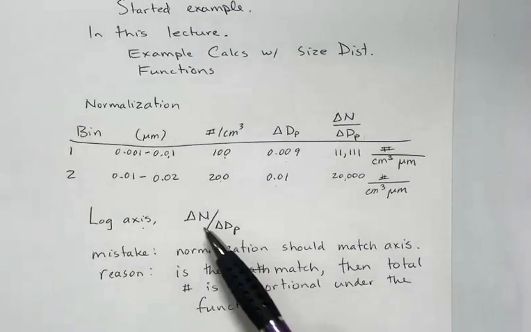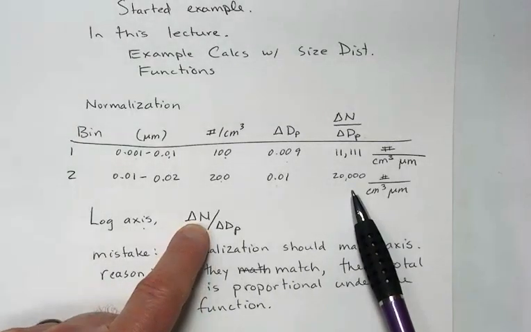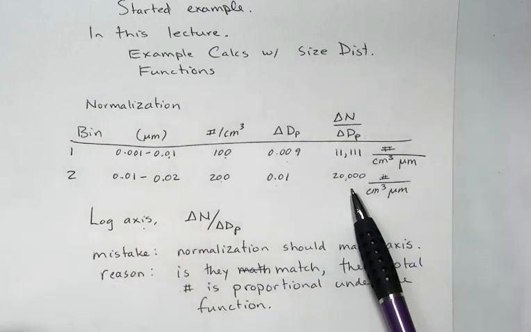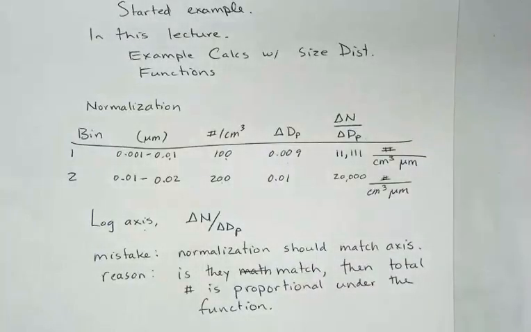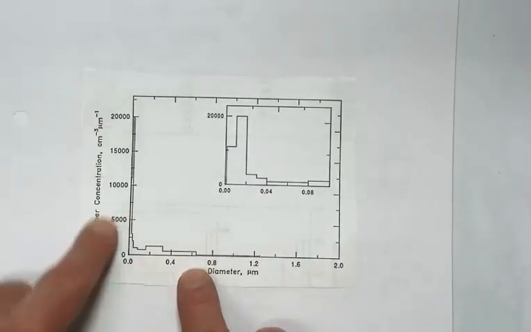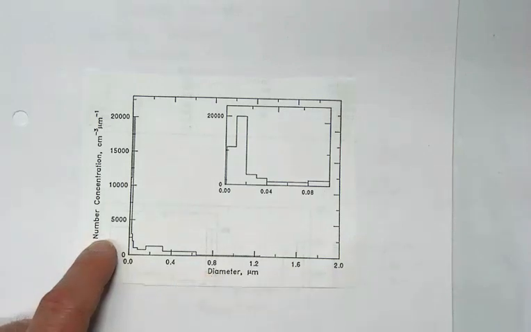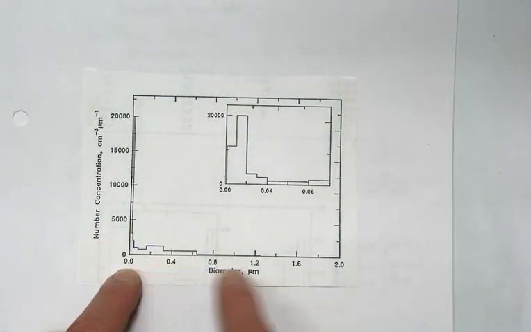So if I use this normalization, that's what I just did. And so basically what I'm saying is here's the linearly normalized distribution function on a linear axis.